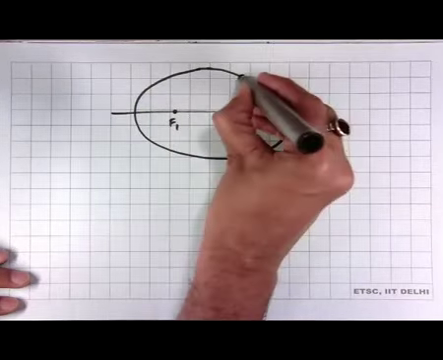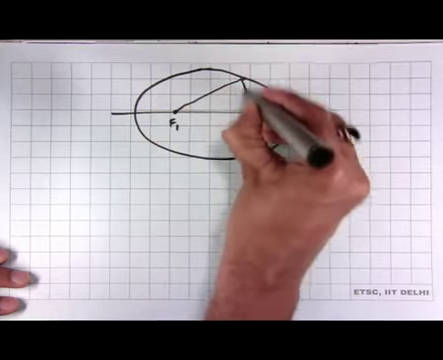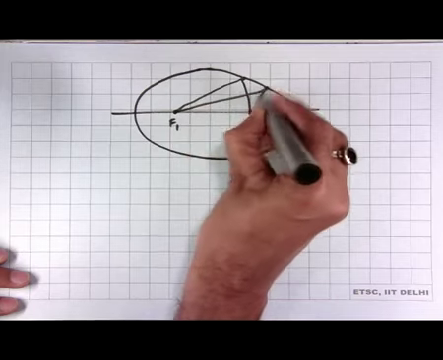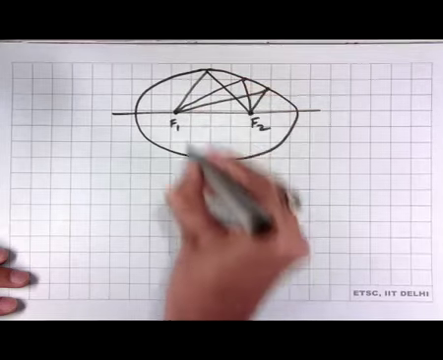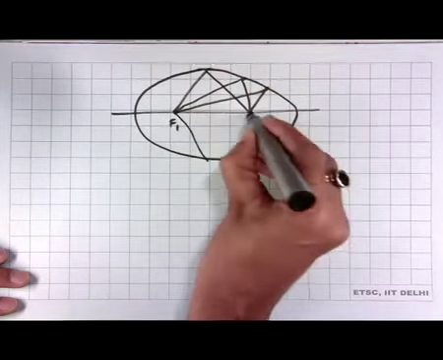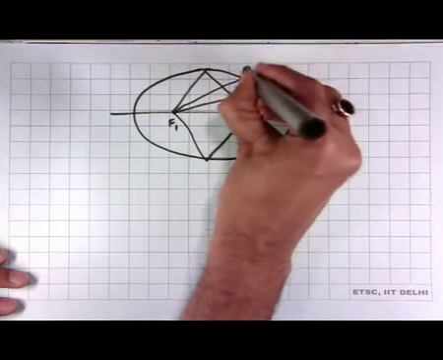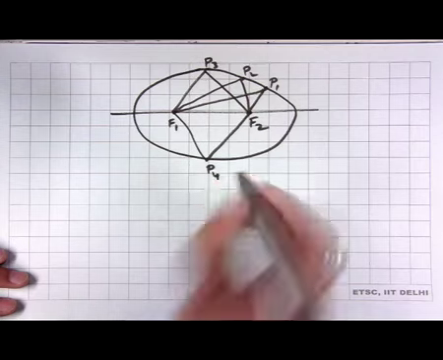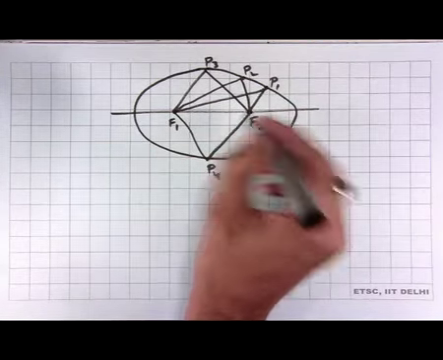If I take any point P, this plus this is the same as this plus this. For any point P1, P2, P3, P4, PiF1 plus PiF2 is a constant.